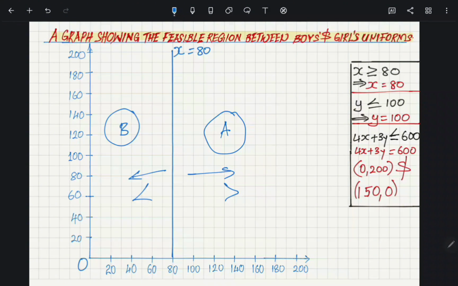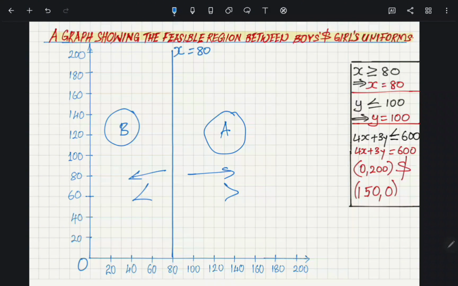So what does that mean? Remember, we want the part that satisfies the inequality. In other words, we want to keep the area where x is greater than 80, and the area which is less than 80 we are going to shade away because it is the unwanted region.